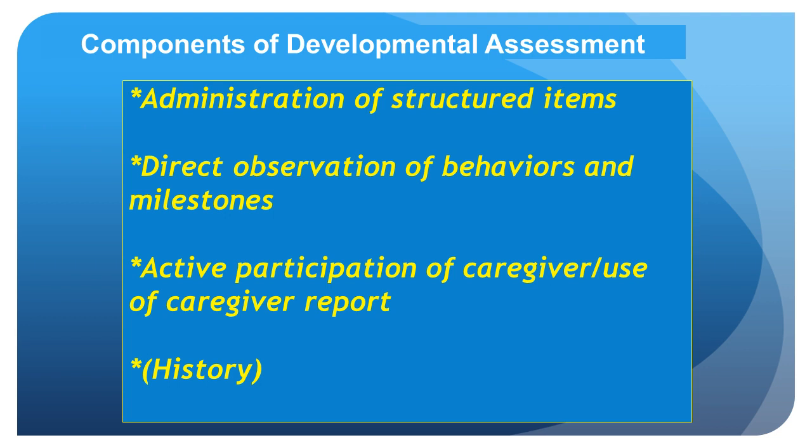true today as well. The active participation of caregiver and use of Caregiver Report, I think, is a critical issue for developmental assessment as well. There are 56 caregiver items. This has 2 basic purposes.